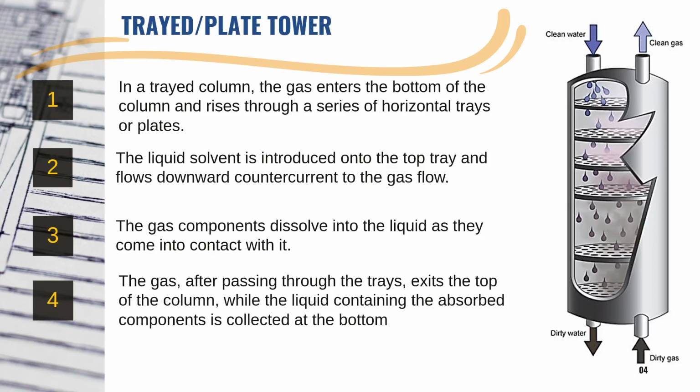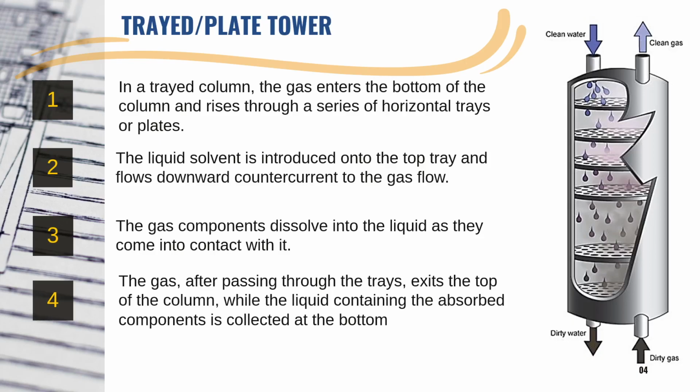Each tray consists of holes or perforations that allow the gas and liquid to interact or make contact. The gas component will dissolve into the liquid as they come into contact.